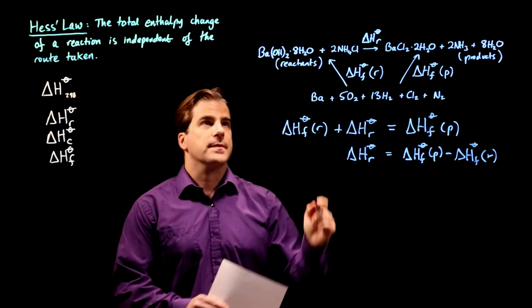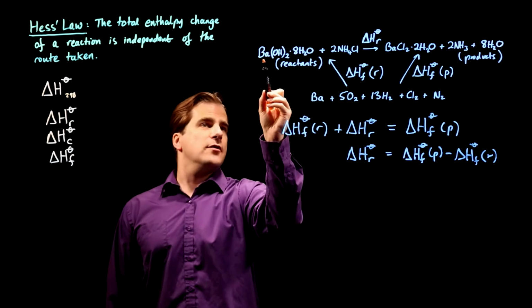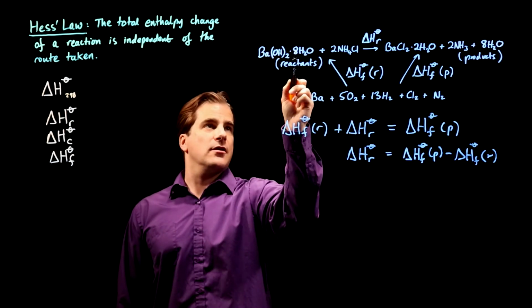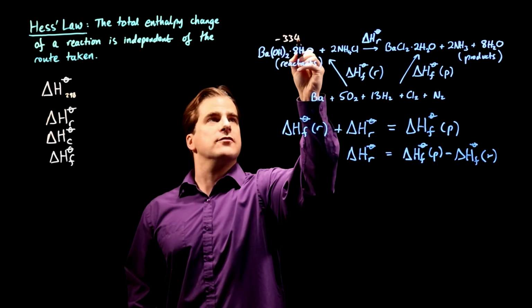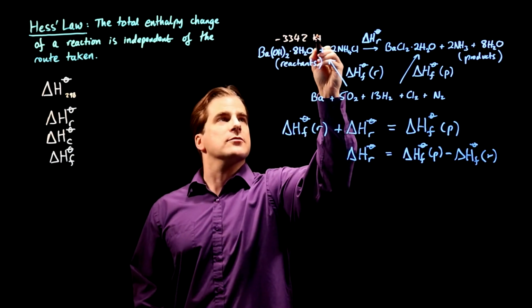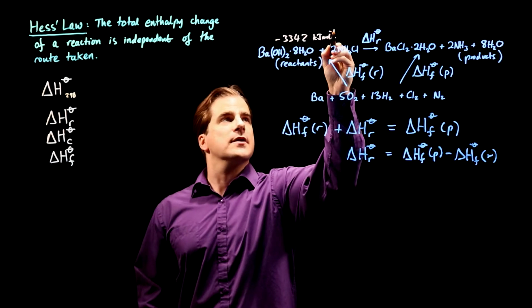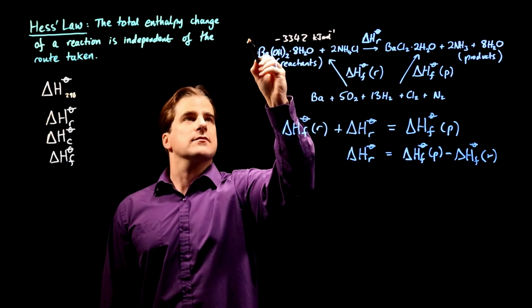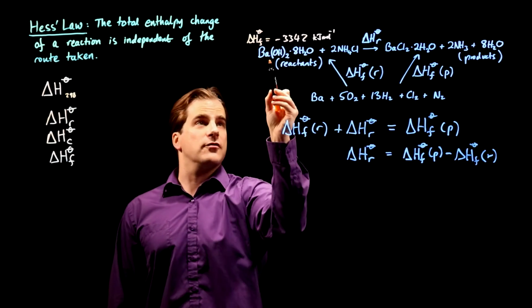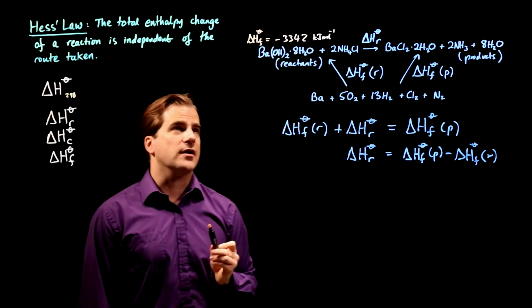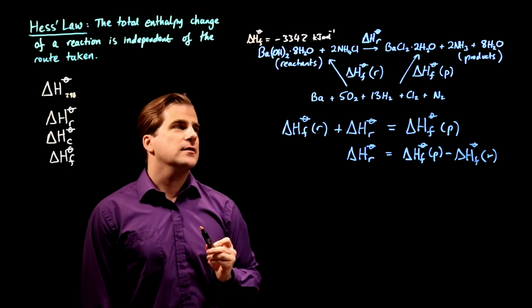So I'll write them in. So for barium hydroxide octahydrate, it's minus 3342 kilojoules per mole. Okay, that's the delta H F of barium hydroxide octahydrate. Okay.